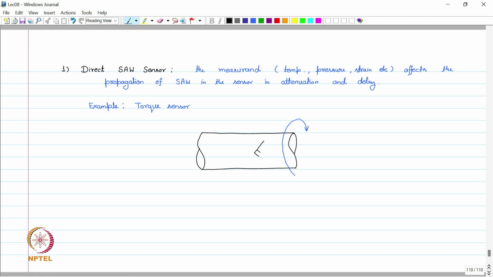So we have these IDT structures which we place on the shaft itself. One, let's say, in this direction and one perpendicular to this direction.